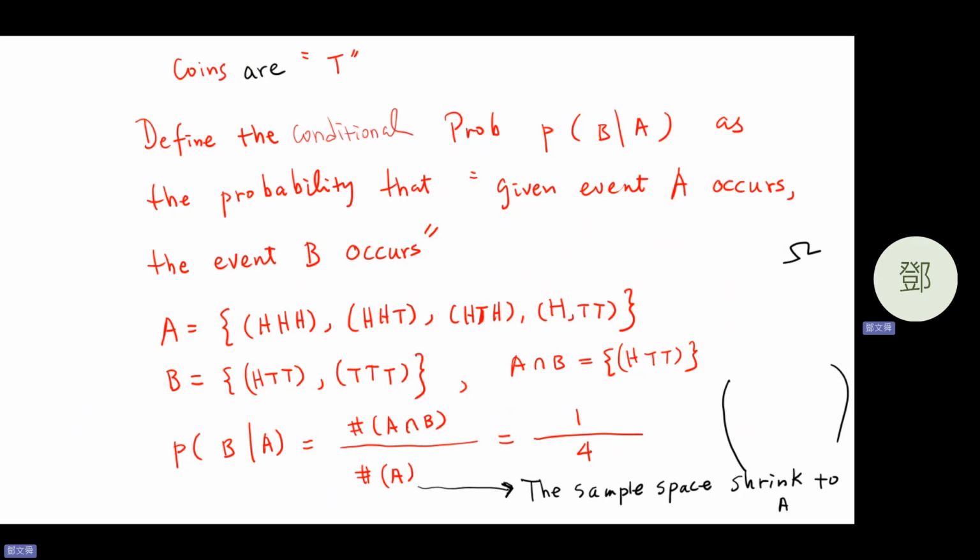The number of A intersection B divided by the number of A, which is now the sample space. Because you were given the condition A, this time the sample space is A. That's the conditional probability.